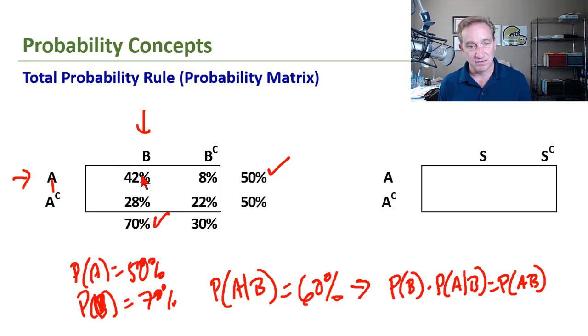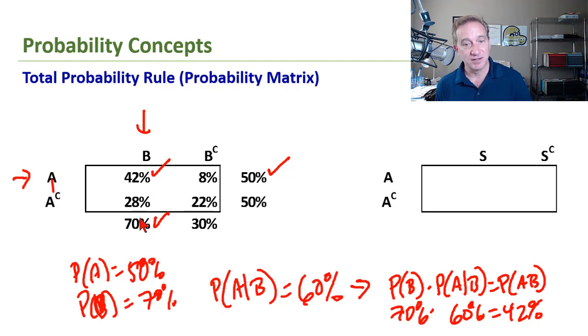I'm solving for this cell here at 42%. It is equal to the 60% that I'm given multiplied by this 70%. So in other words, I'll just draw it here. Unconditional probability is 70% multiplied by probability of A conditional on B is 60% because we're given that. And this is 42%. I previously did show this math, and that gives me this cell here.